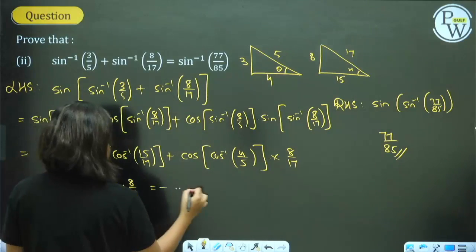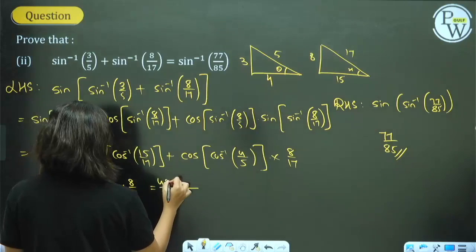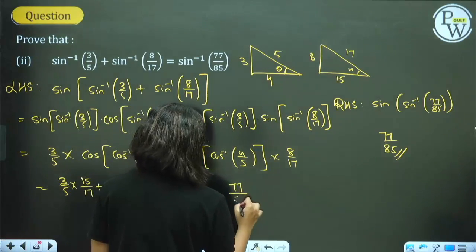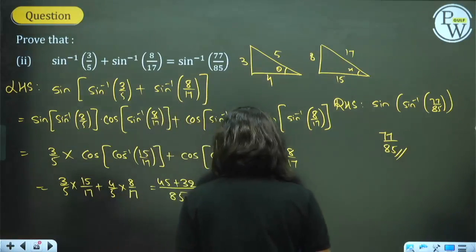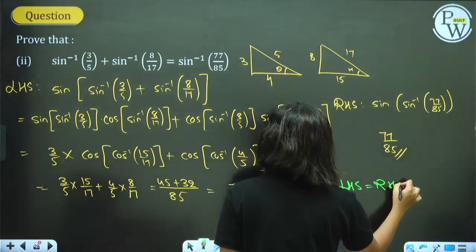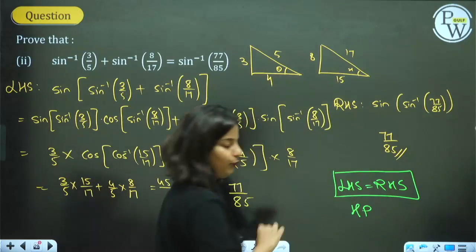Can we see the answer? 17 fives are 85. 15 threes are 45, 4 eights are 32, 77 by 85. LHS is very much equal to RHS and hence proved.